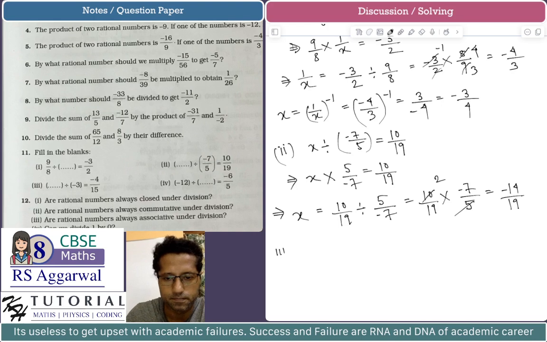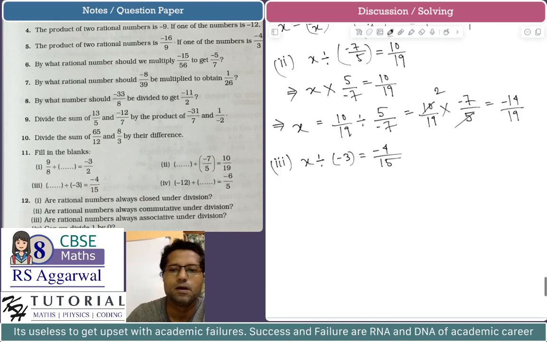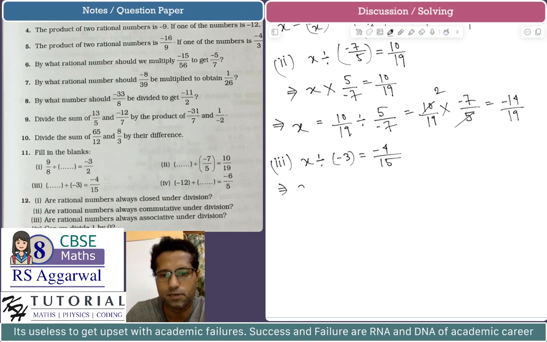Part 3, x divided by minus 3 is equal to minus 4 by 15. Now this implies x divided by minus 3 means x multiplied by 1 by minus 3 is equal to minus 4 by 15.